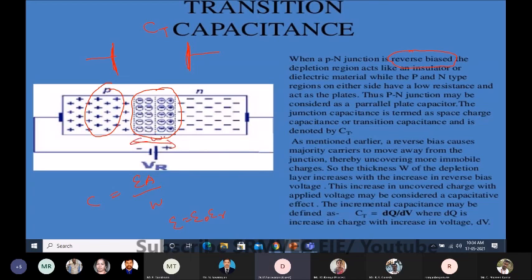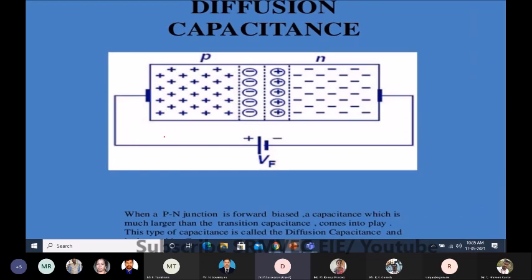Based upon this, the capacitance will be calculated. This capacitance plays a role in framing the characteristics of the diode. So this is transition capacitance when the junction is reverse biased. And the next one we see is diffusion capacitance. This is when it is forward biased.